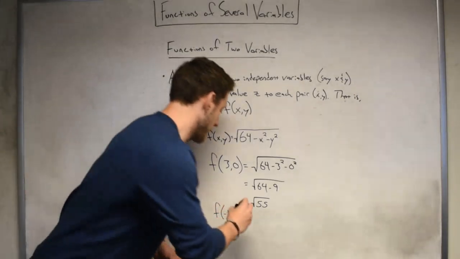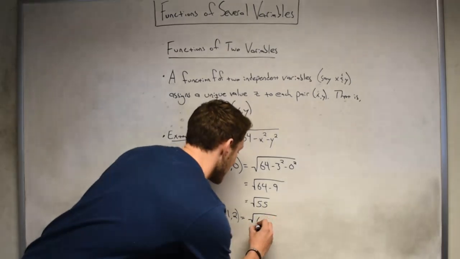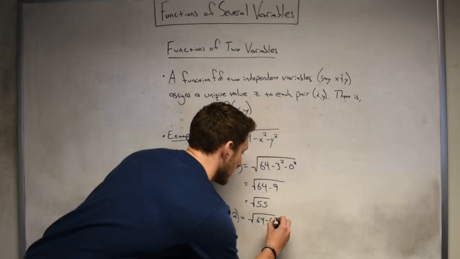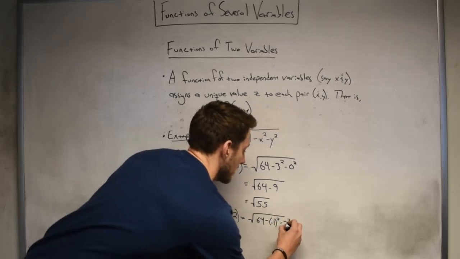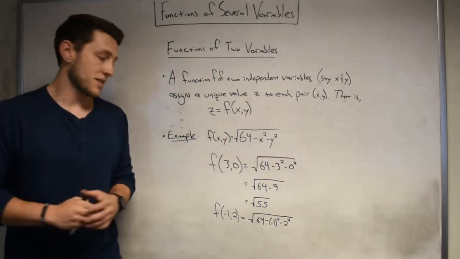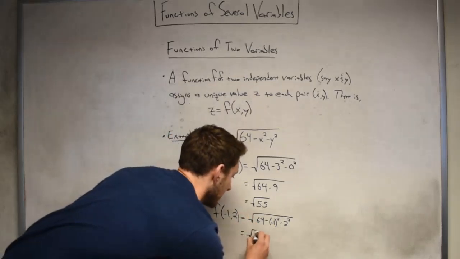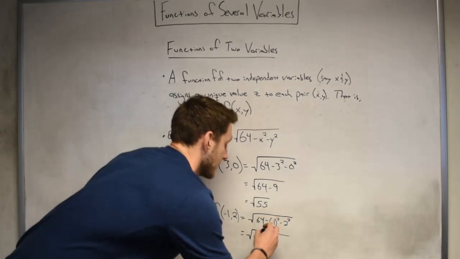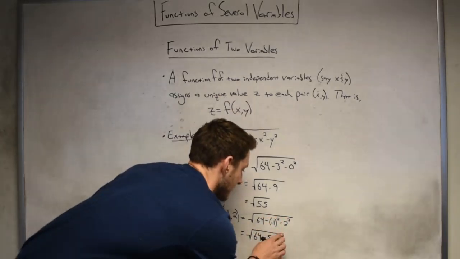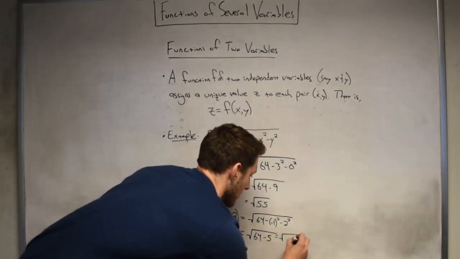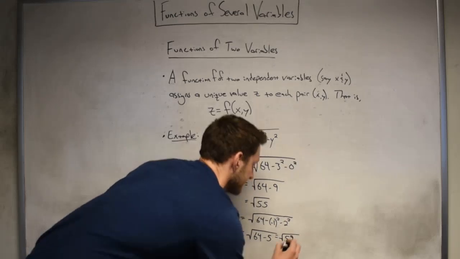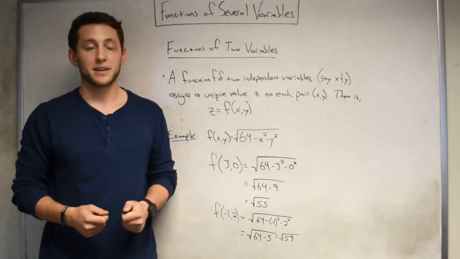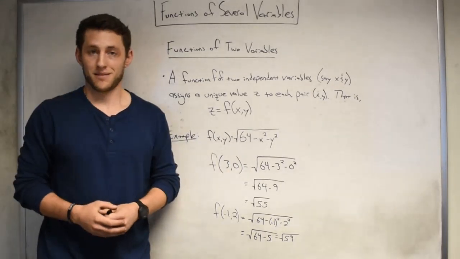Plugging in -1 for x and 2 for y, we get the square root of 64 minus 1 minus 4, so 64 minus 5, or just the square root of 59. That's how we find the z values given an x and y pair.